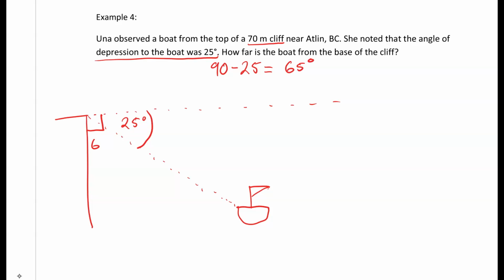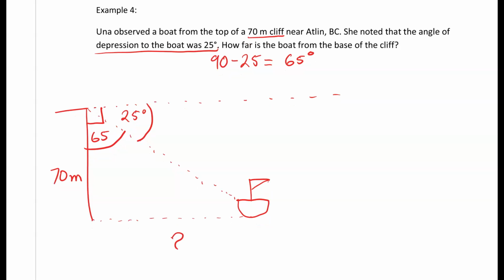So this angle inside is going to be 65 degrees. Now we'd have our water going across here up to the boat, and we know that our cliff is 70 meters. What we're trying to find is how far is the boat from the base of the cliff. So we're trying to figure out this part right here. So let's call this x.